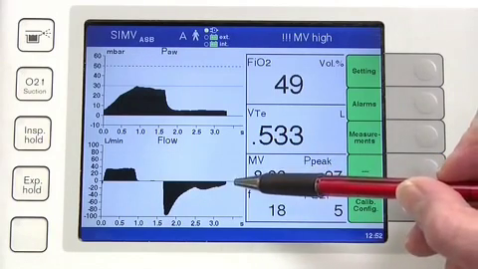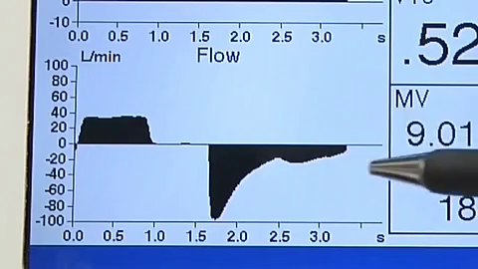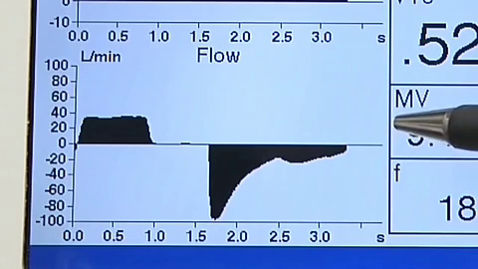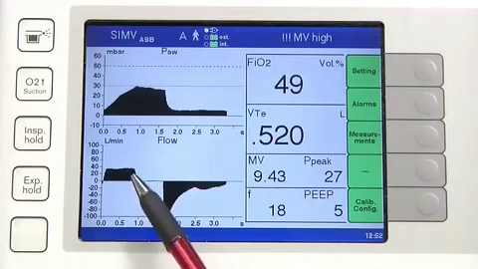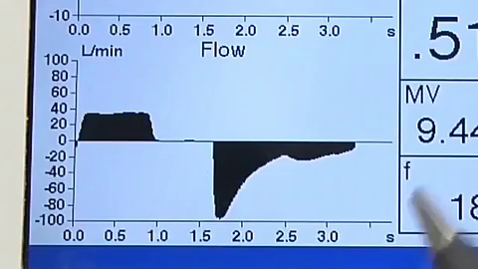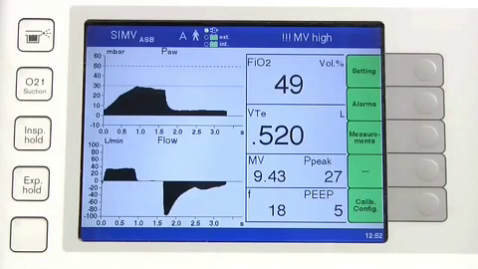At the end of expiration, you can see that the waveform has not had time to return to zero before inspiration has commenced again. The same can happen in inspiration, where this would not return to zero before expiration commenced. To rectify these issues, you need to amend your IE ratios.